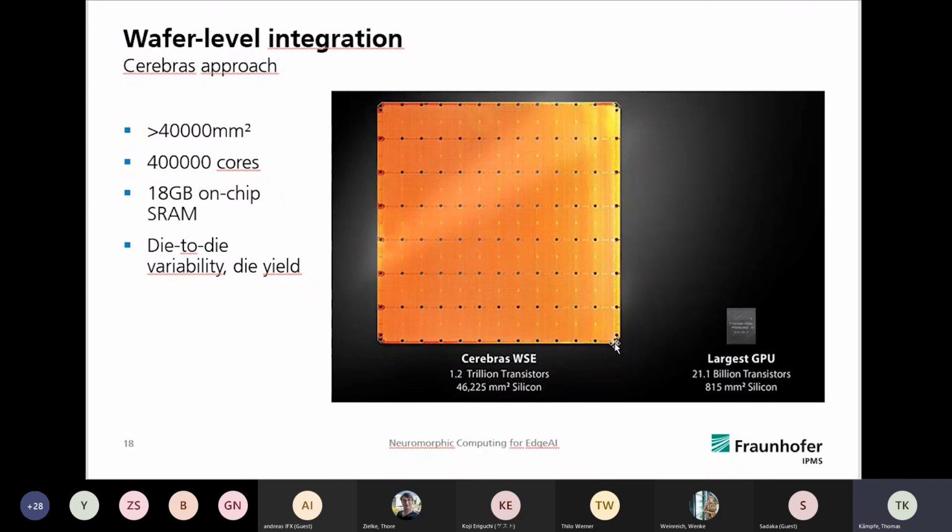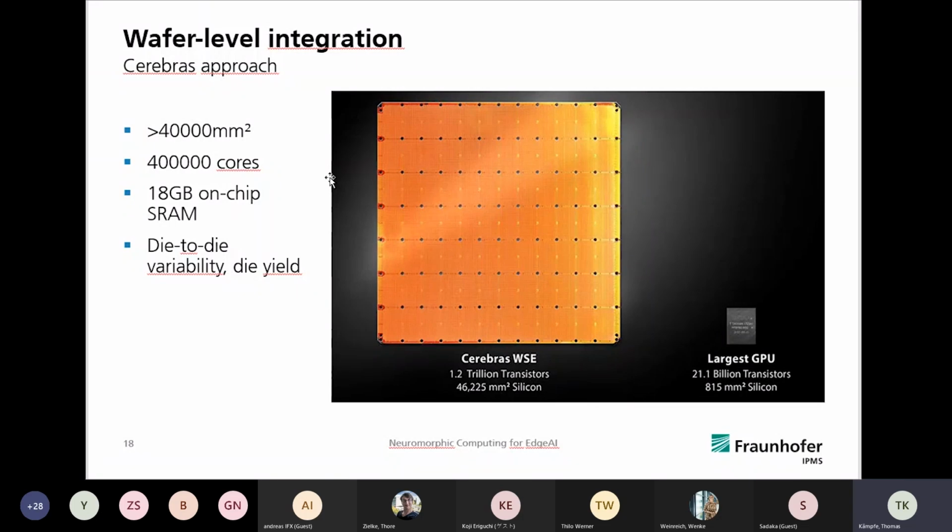That's a company called Cerebras, which is using these. And with this, you create a super chip, so to speak, of, in this case, 400,000 cores being connected, with an extremely large amount of on-chip SRAM, here in this case 18 gigabytes.